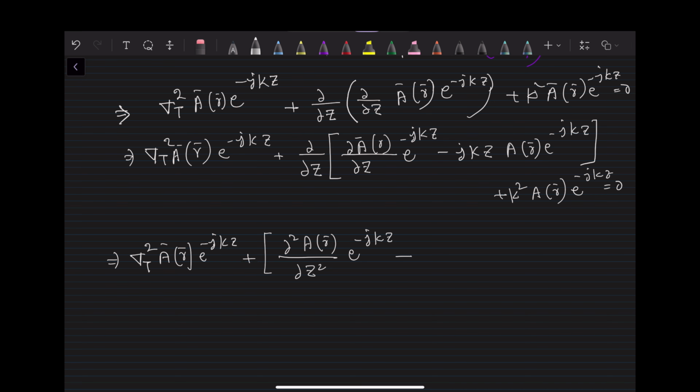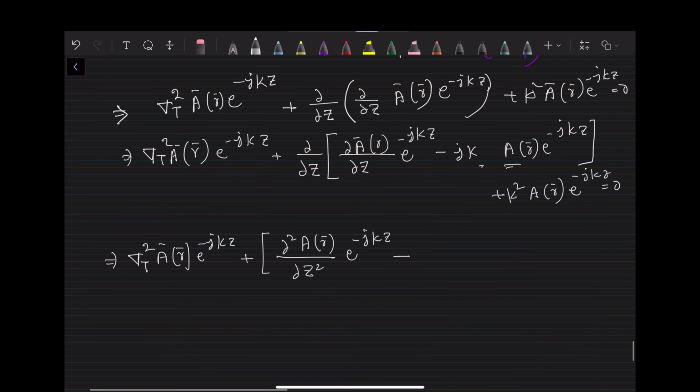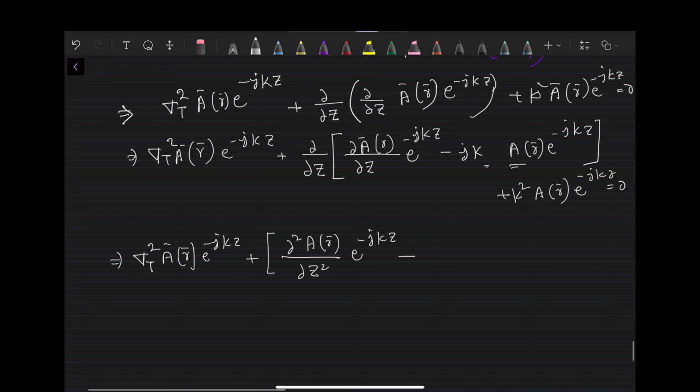Now if we take derivative of this, sorry, there won't be z, so let's take derivative of a, then we will have two of these terms.